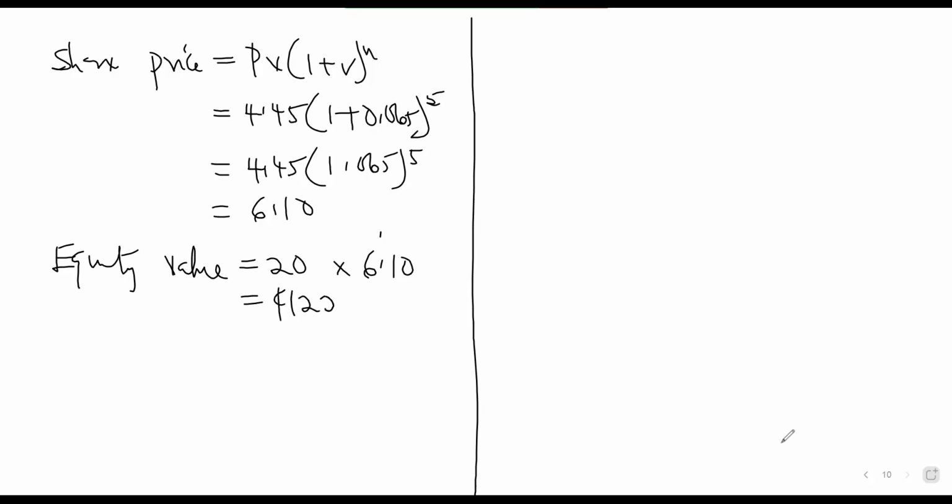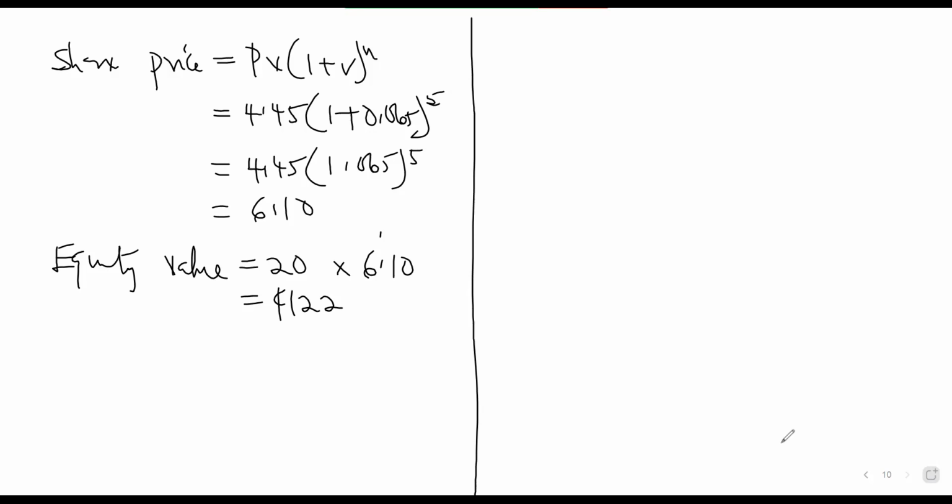So what will be the total value of the shares that you'll be receiving there? I'm having 122. Is that correct? Yes, sir. Is it higher than the par value? Yes. They say you can either redeem at par or you convert it to equity. You can only convert if you are going to be receiving a value higher than the par value.